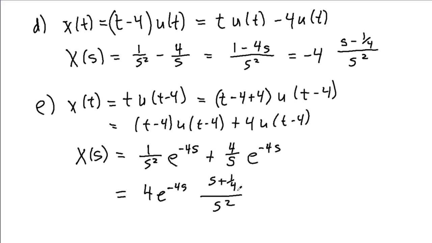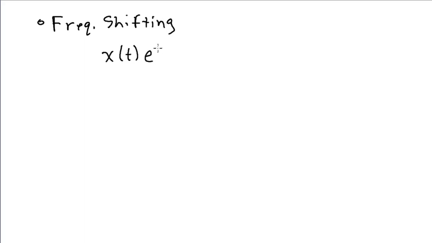Two other properties I want to talk about quickly in this video. One is known as the frequency shifting property, sometimes also called the modulation property. We saw how a time shift led to multiplication by an exponential in the Laplace domain.